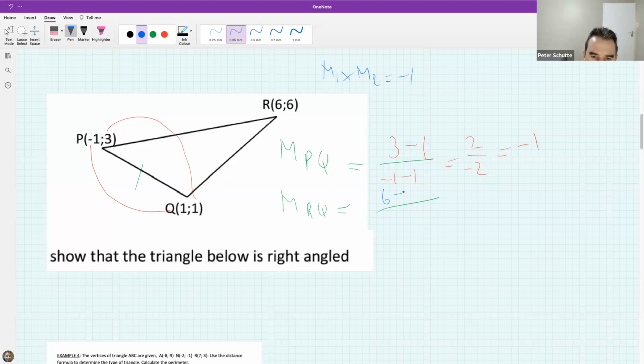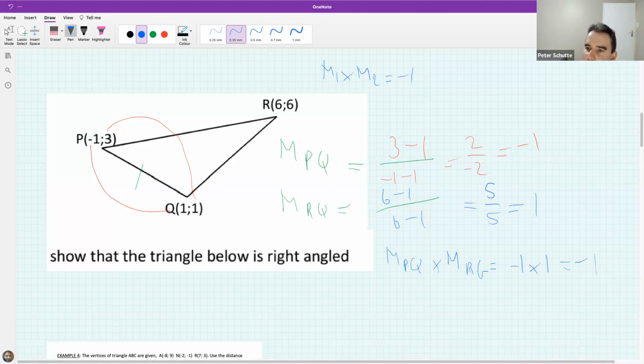So I get 6 minus 1, and then this is 6 minus 1. So that is going to be 5 over 5, which is 1. Now, what does that mean? Well, the gradient of PQ times the gradient of RQ is -1 times 1, which is -1.